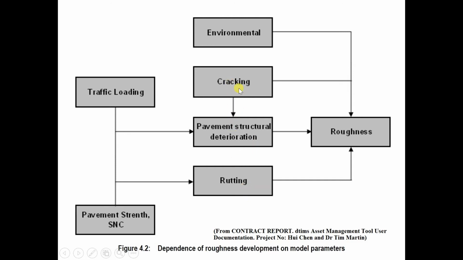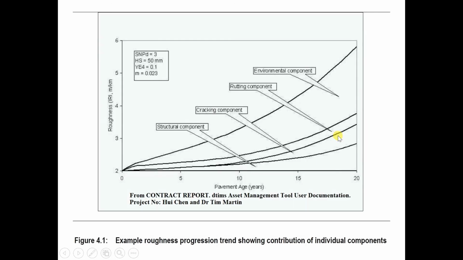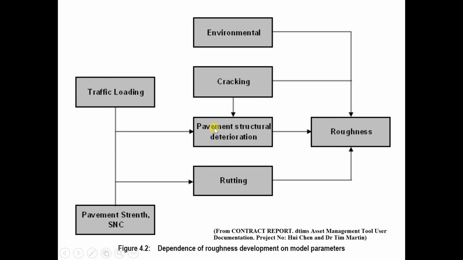Cracking could be due to the traffic loading, or it could be due to environmental factors. It can directly contribute to the roughness as well. Okay, so these are the factors that contribute to the roughness.